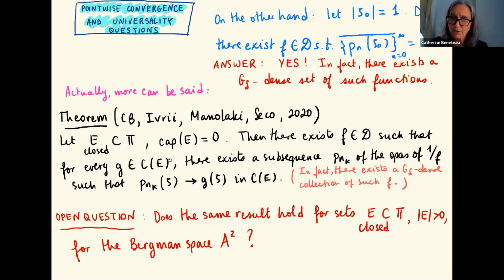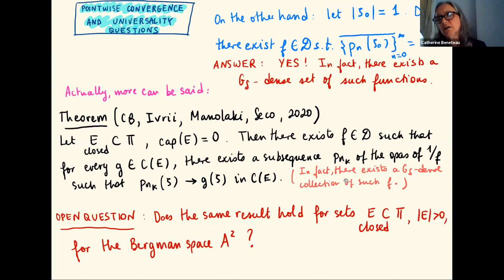But no matter what continuous function g on this set E I take, I can always approximate it using the optimal approximants, but maybe with some subsequence. So there exists a function in the Dirichlet space such that no matter which continuous function I take, there's always a subsequence of the optimal approximants that approximates g on E in the sup norm, on the circle in this sense.